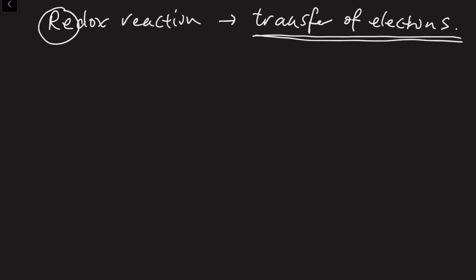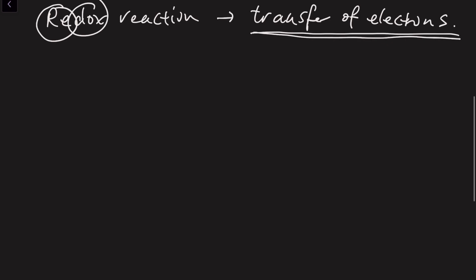It's separated into reduction reaction, which involves gaining of electrons, and simultaneously oxidation reaction, which is losing electrons. The two reactions must occur simultaneously. Hence, the reason why we put reduction and oxidation together in the same word.